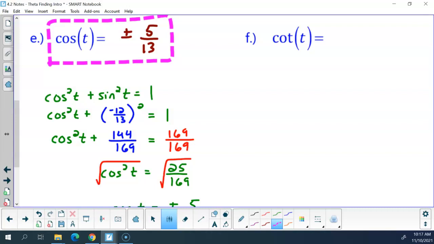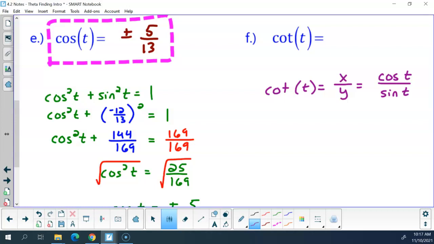Now we need cotangent. Cotangent, if I'm not mistaken, was equal to x over y, or cosine over sine, right?